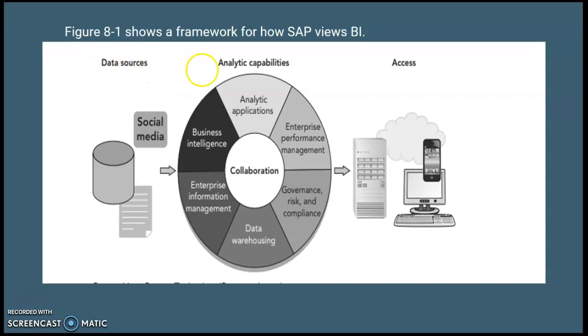For example, sources such as Facebook, Twitter, and other social media applications can provide information on consumer reaction to new products. The center section represents the analytical capabilities of BI.